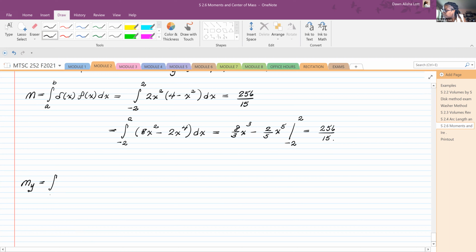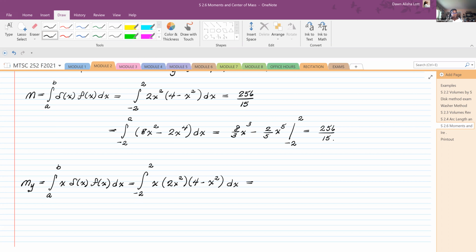That is the integral from a to b of x delta of x f of x dx: the integral from -2 to 2 of x, delta of x is 2x squared, f of x is 4 minus x squared, dx. And My comes out to be 0.